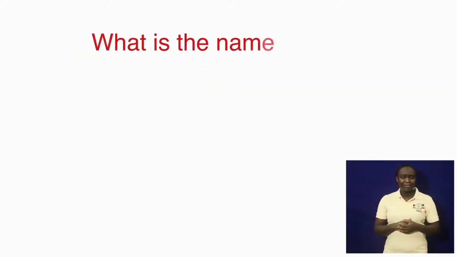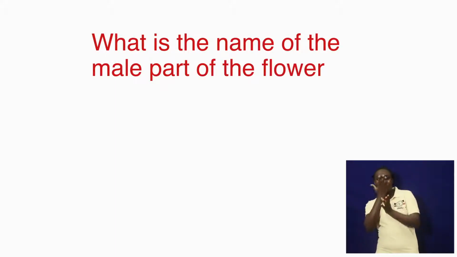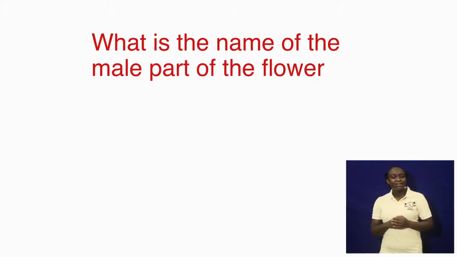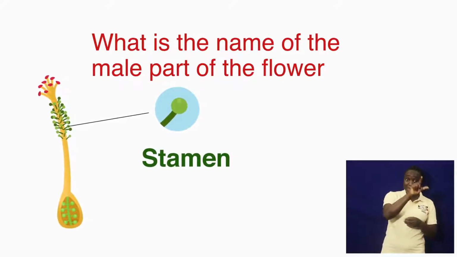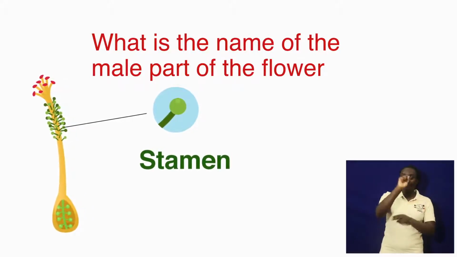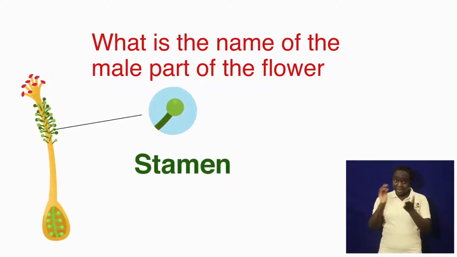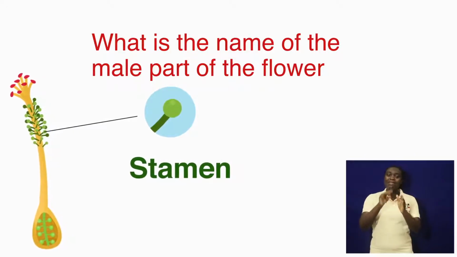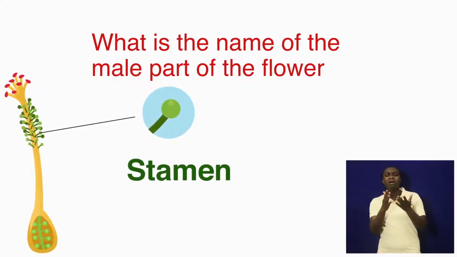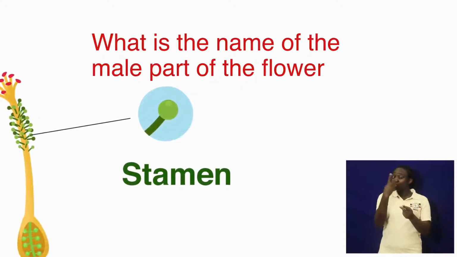What is the name of the male part of the flower? Great. It is called the stamen. Look at the spelling and try to write that word correctly. That stamen has two parts. You can see those parts on the screen. What are they?